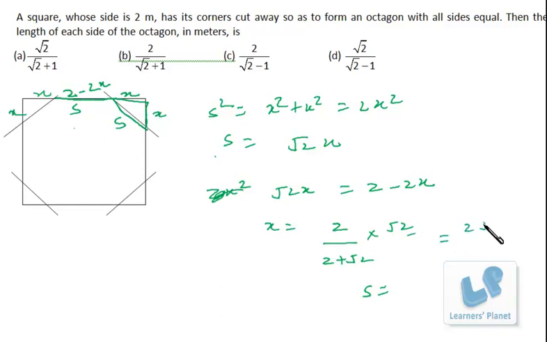So it's 2 root 2 upon 2 plus root 2, or we can take root 2 as common, so it will be 2 root 2 upon root 2 times root 2 plus 1. So it's 2 upon root 2 plus 1. I hope you are clear.